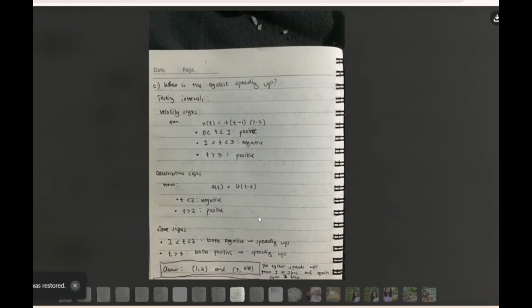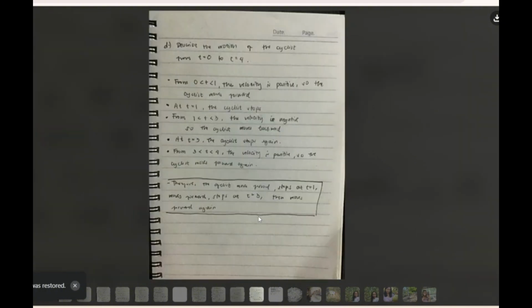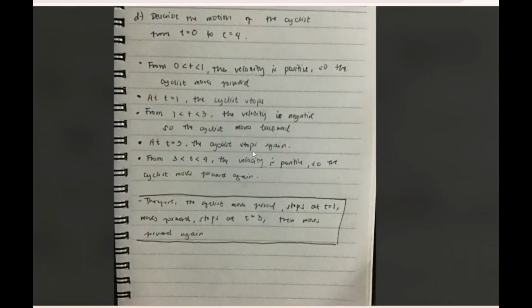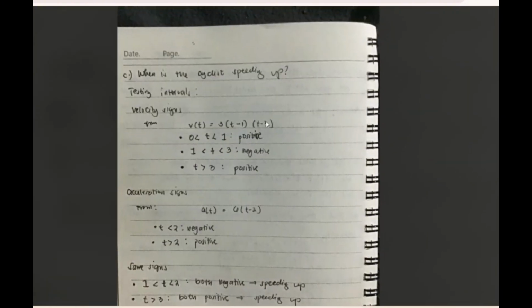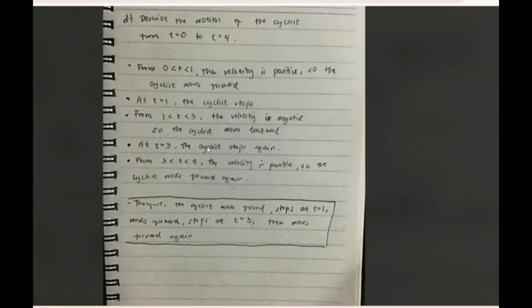Now moving on, let us answer the last question, which is letter D. Describe the motion of the cyclist from t equals 0 to t equals 4. From the given earlier, we know that from t is greater than 0 but less than 1, the velocity is positive, so the cyclist moves forward.